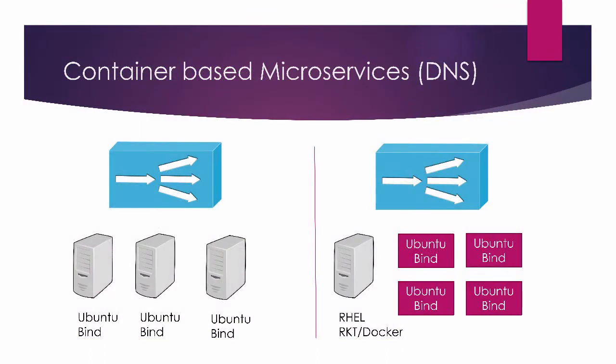So let's give an example of container-based microservices. This is basically for us infrastructure focused folks to help wrap our minds around a microservice. And I think DNS is a great example to help break it down. So in a traditional environment, if we wanted to create a high performing DNS cluster, we might take several VMs running Ubuntu, install BIND on those, and then put a load balancer in front of it.